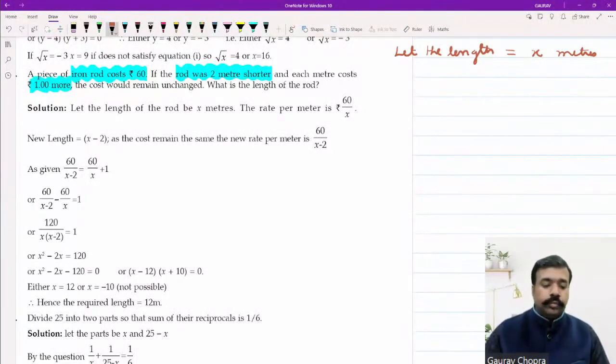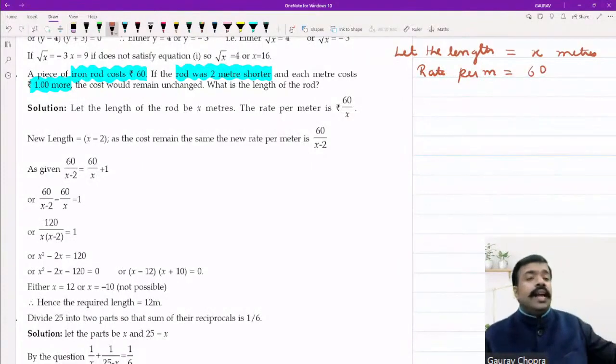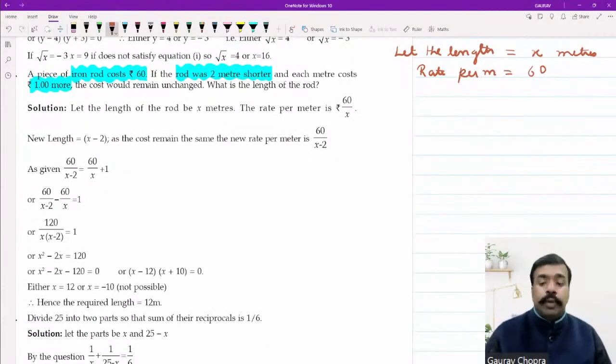All right. Now what will happen to the rate? If we talk about the rate per meter. So if 60 rupees is for, let's say, x meters, then the rate per meter will be 60 divided by x rupees. This will be the price per meter.